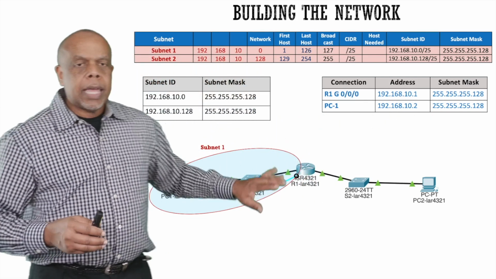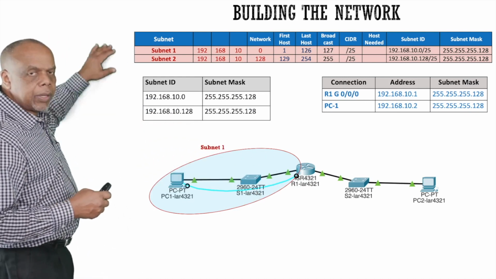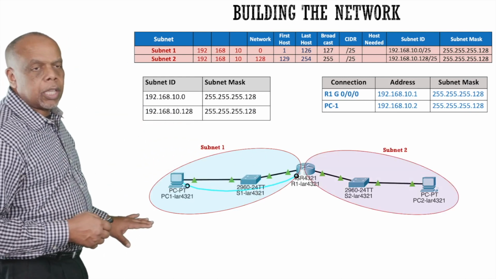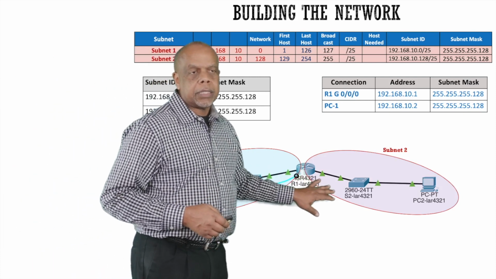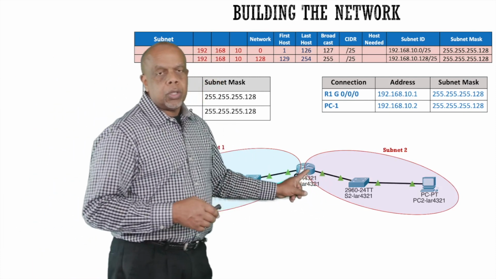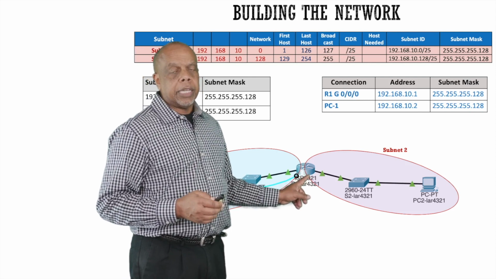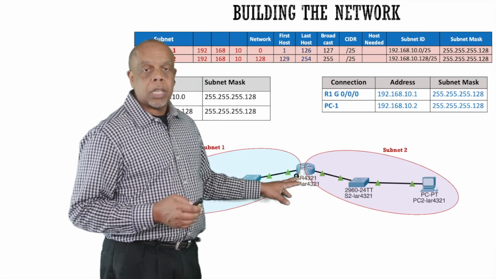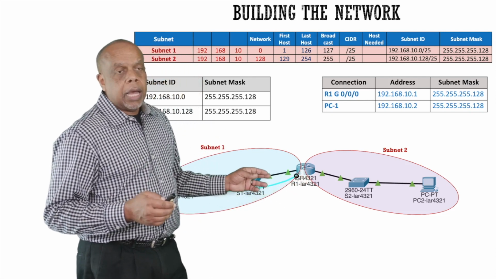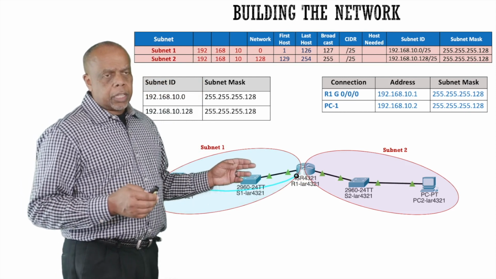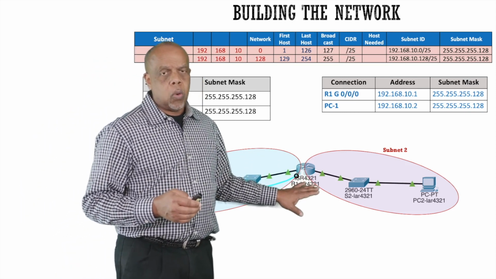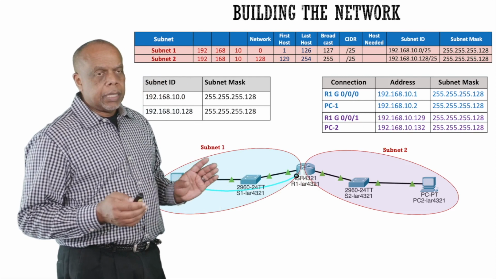Nothing tricky there, right? That's how we set up our subnet. That's how we apply the IP addresses to the subnets. Now, when we take a look at subnet 2, we're going to use the other Gigabit Ethernet interface on this router, which is the Gigabit 0/0/1. Okay, so same thing.